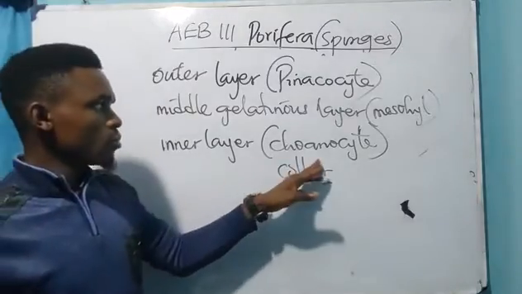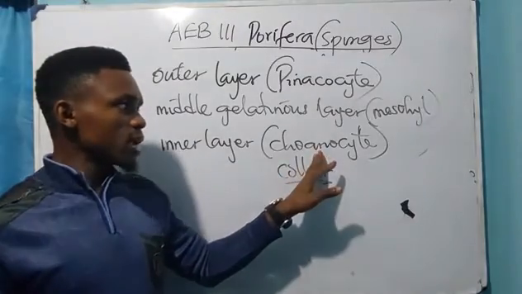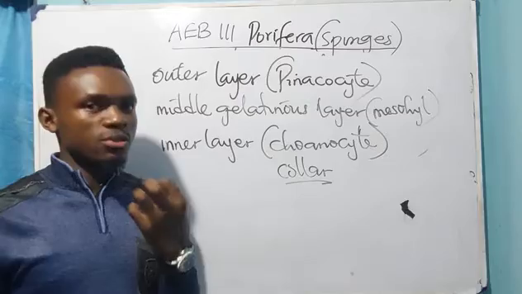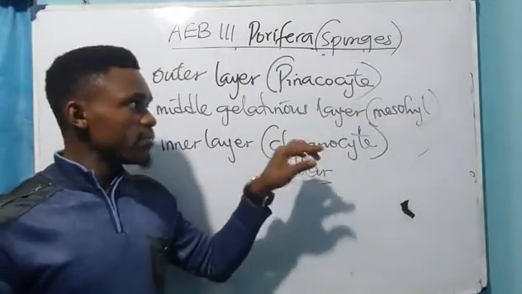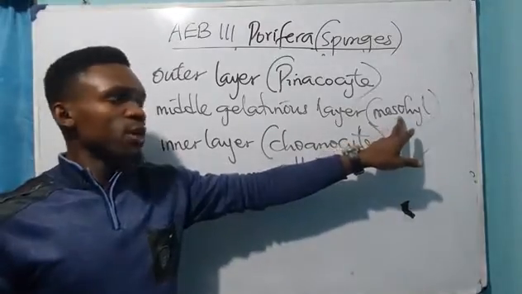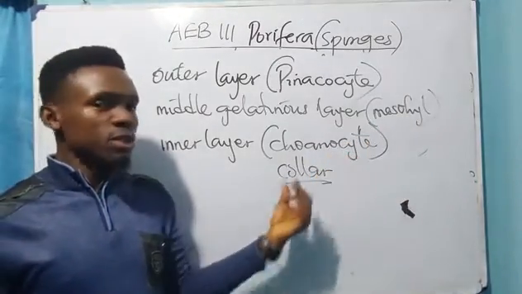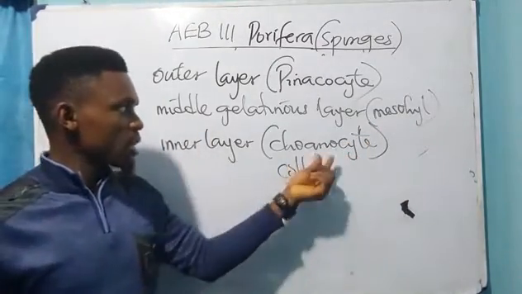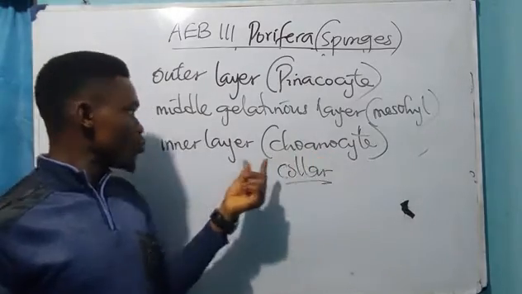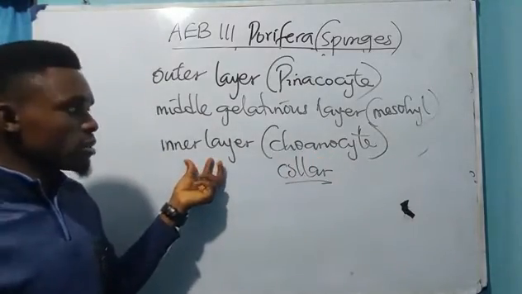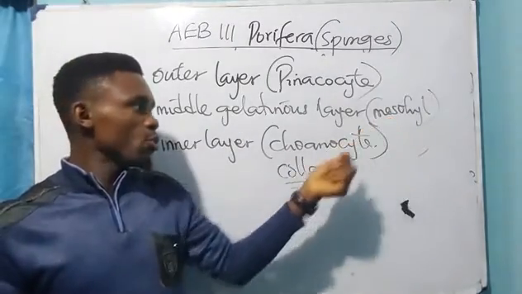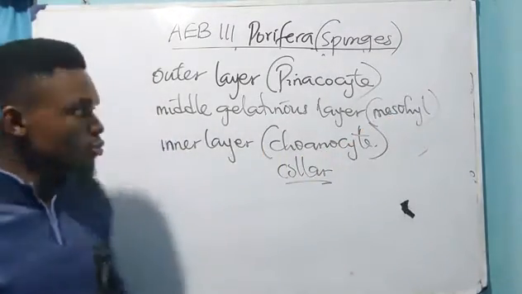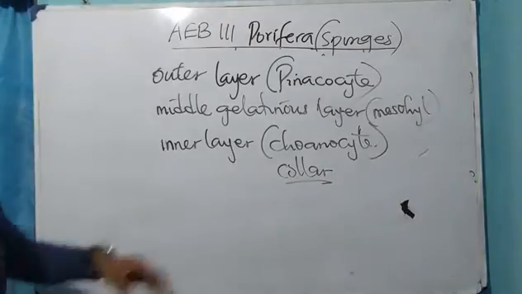Now, the choanocyte is actually an ovoid cell in which one end is embedded inside the mesohyl, while the other end is pointing outward. I'll repeat: the choanocyte, which is the inner layer of the organism, has one end embedded inside the connective tissue, while the other end is pointing outward.